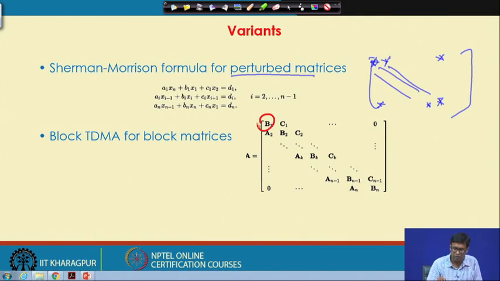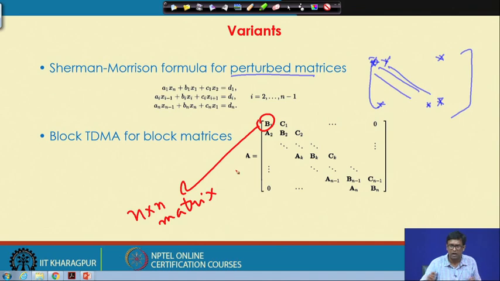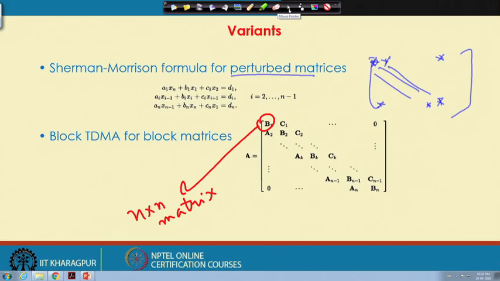So, like B1, this is probably an n by n matrix, so it is a large matrix with a number of matrices arranged in blocks, and this block arrangement is tridiagonal. Using the TDMA algorithm, a variant can be obtained where the block matrices can be solved. These are not very difficult, a very straightforward implementation of the TDMA algorithm for these specific problems can help here.